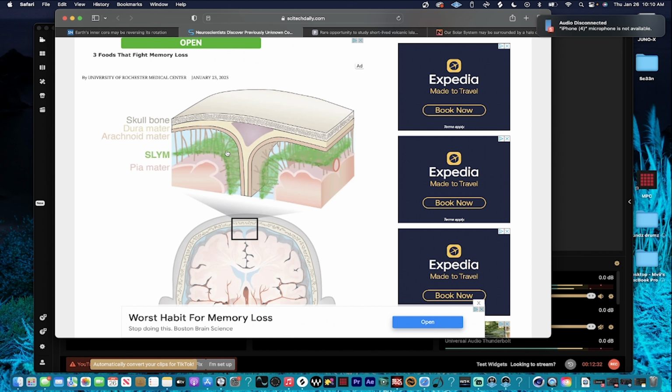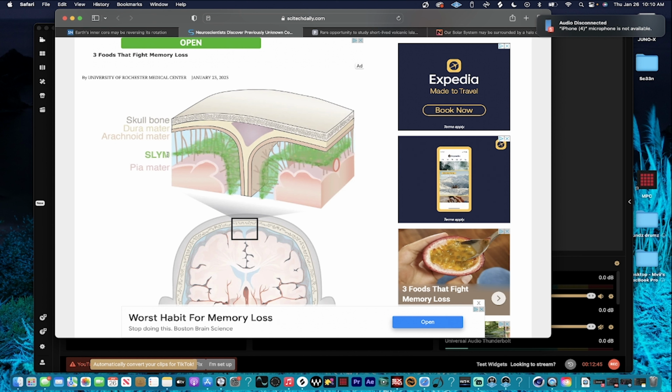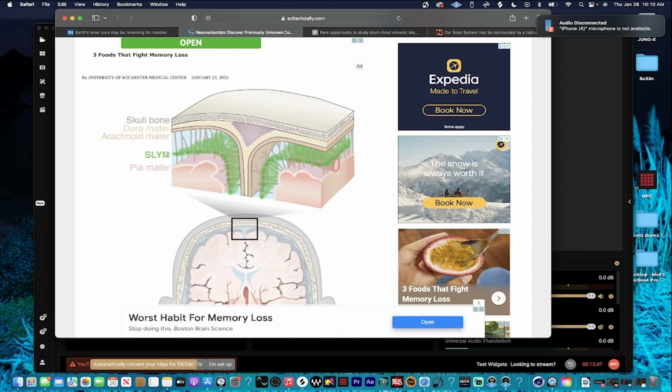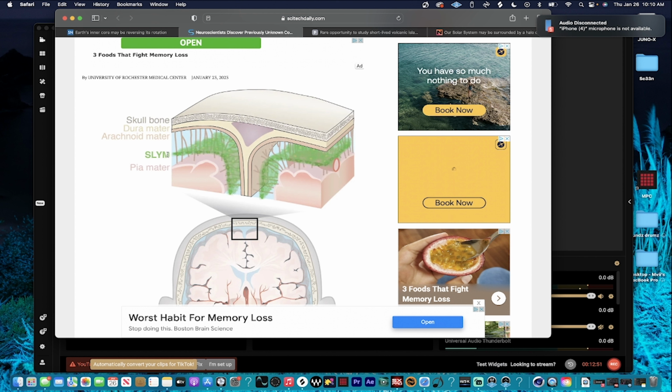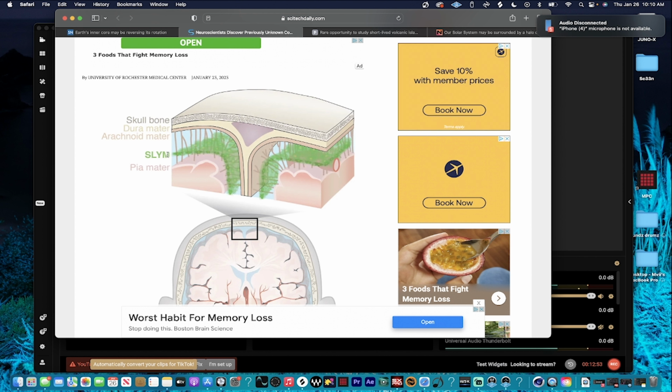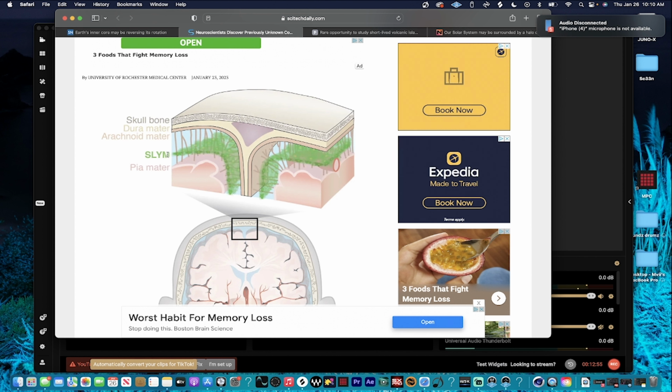Now, it's like this mechanism that they just found, the SLYM, its job is to maintain the amount of cerebrospinal fluid that is inside the brain.